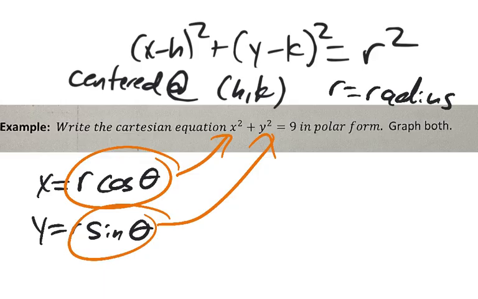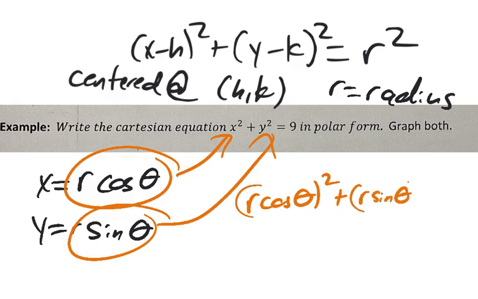So I just plug in. This gives me r cosine theta squared plus r sine theta squared equals 9. Do we put the 3 where it was? We don't. Not yet. We don't ever.